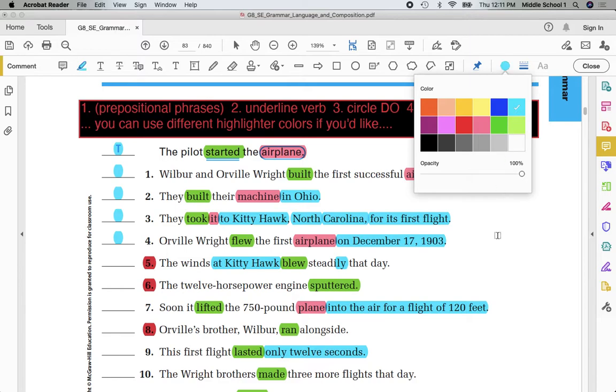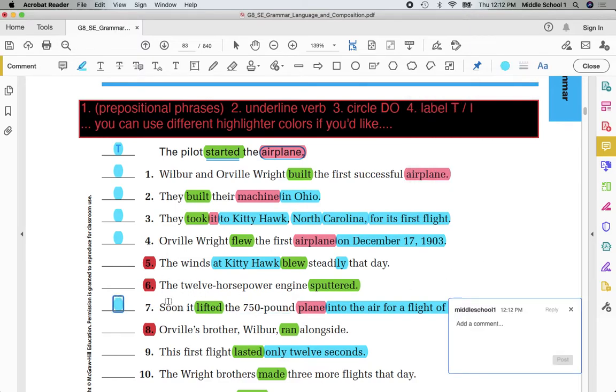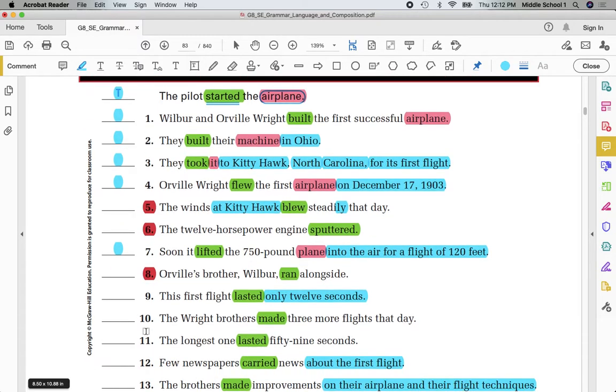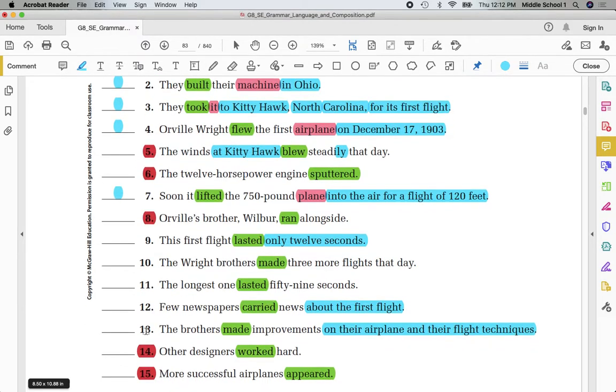Does it have an object? Yes. It makes it transitive. Orville's brother, Wilbur, who knows what this is? You're correct, it's an appositive. Brother ran alongside. Is alongside a noun? No. That means that this sentence is intransitive.